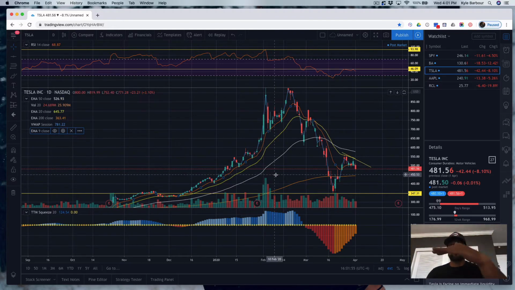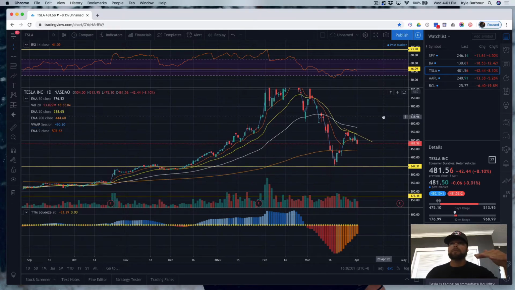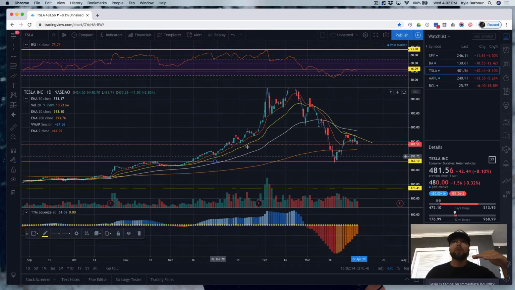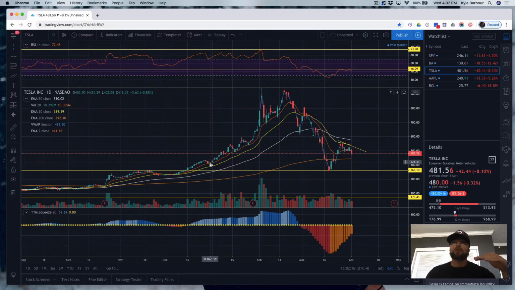So these pullbacks are great to watch for if you're, let's say, a long-term investor in Tesla. Had you been buying some shares down here or taking some call options, you would try to follow that 9-day moving average, and it was an extremely bullish trend for a really long time, so you didn't really have to exit.